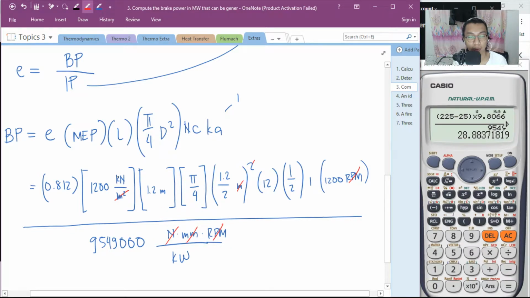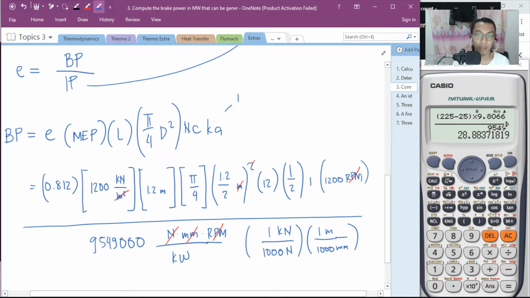Dapat to maging Newton. So, i-multiply natin, 1 kilonewton in every 1,000 newtons. Tapos, yung meter, para maging millimeter, 1 meter in every 1,000 millimeter. Pwede na yan. Megawatt ang hinahanap natin. Mamaya natin convert. Ang lalabas po dito is kilowatts.